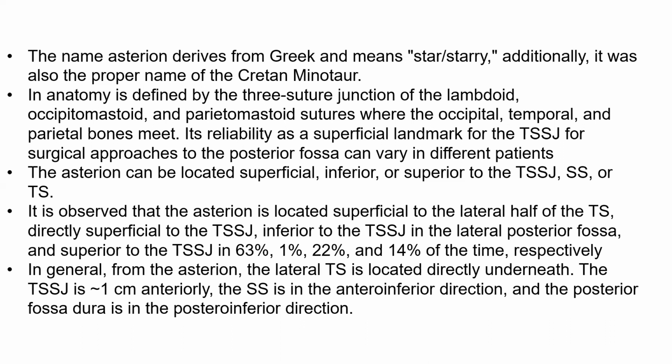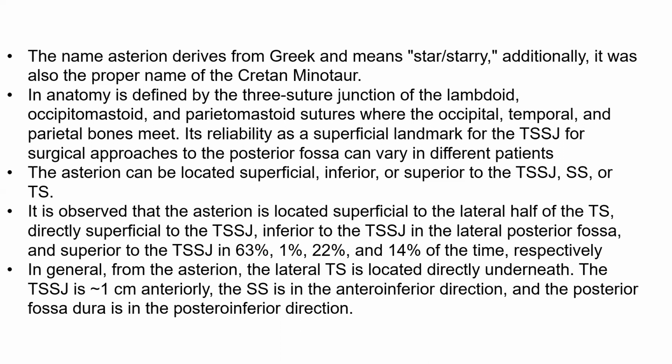It is directly superficial to the transverse-sigmoid junction in 1%. It is inferior to the transverse-sigmoid junction in the lateral posterior fossa in 22%. And it is superior to the transverse-sigmoid junction in 14% of the patients, respectively.